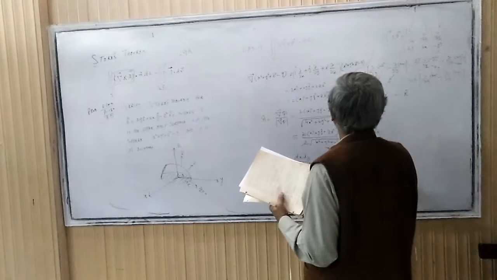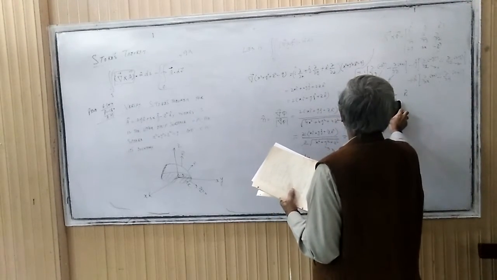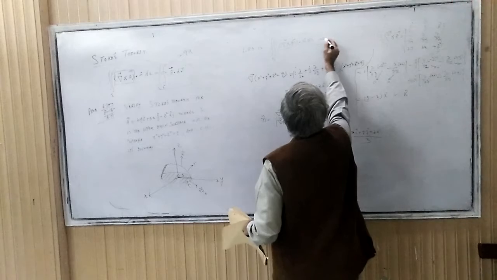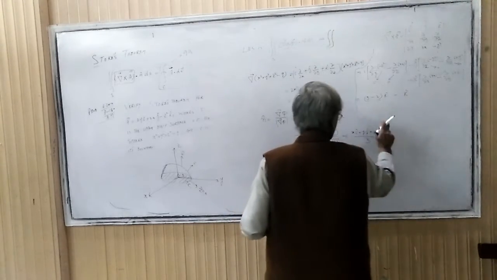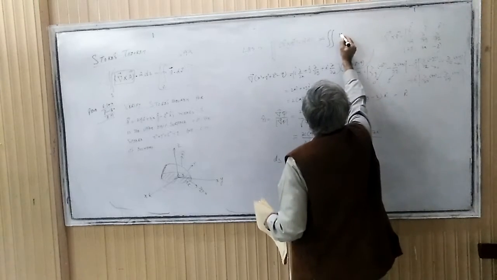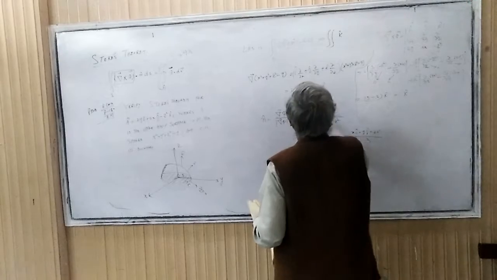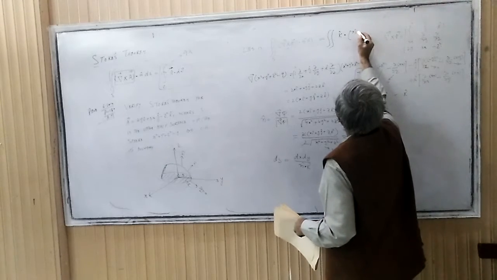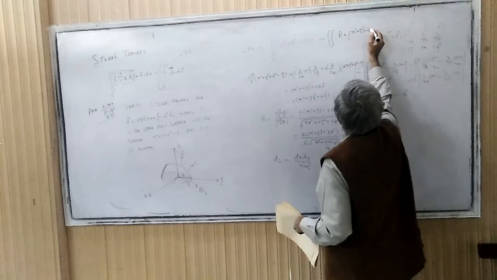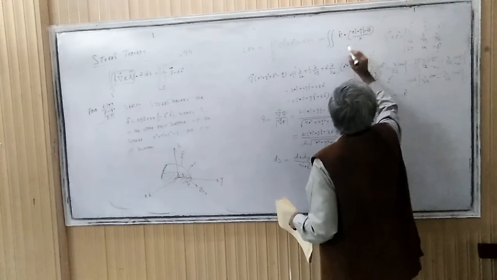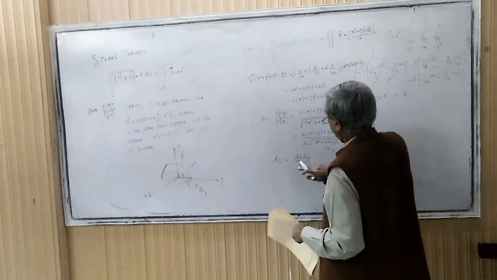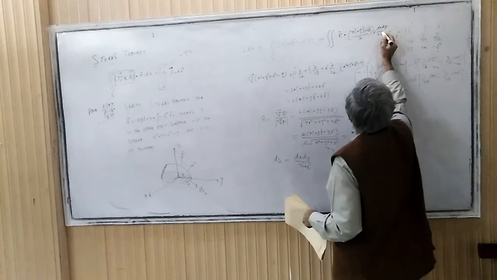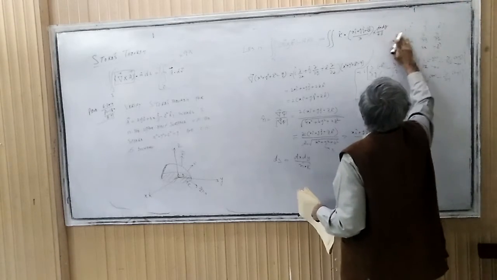Your del cross A is k, dot n, which is xi plus yj plus zk divided by 3, into ds. ds is dx dy divided by n dot k.